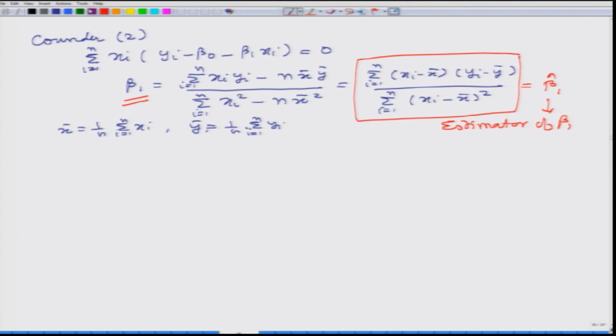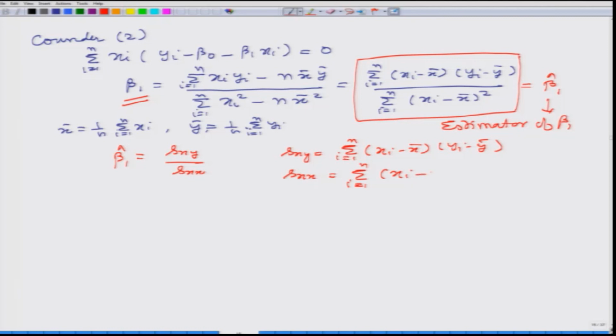For simplicity, let me rewrite: beta 1 hat equals Sxy upon Sxx, where Sxy is the summation from i equals 1 to n of (xi minus x bar)(yi minus y bar), and Sxx is the summation from i equals 1 to n of (xi minus x bar) squared. In later lectures we are going to use this notation.